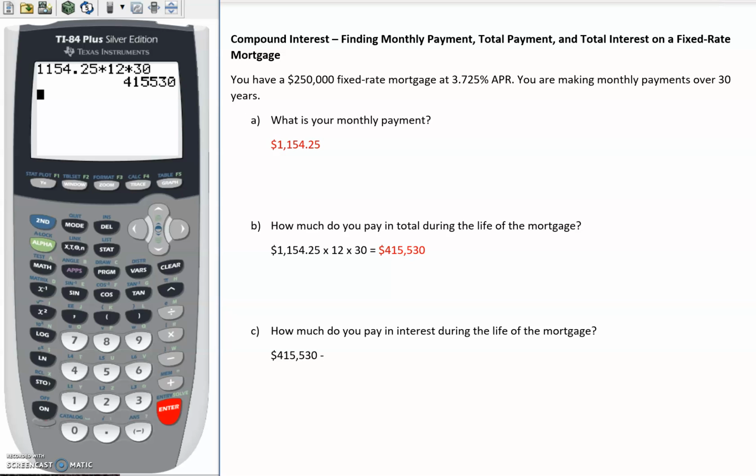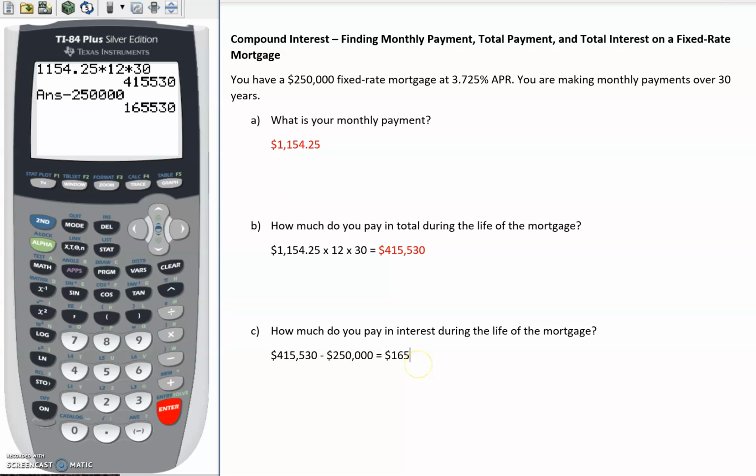If we subtract the $250,000 that the original mortgage loan was for, the only thing that's different between how much we borrowed and how much we actually paid would be all of our interest. So if we take the value that we paid in total and just subtract 250,000, that's going to give us the interest.